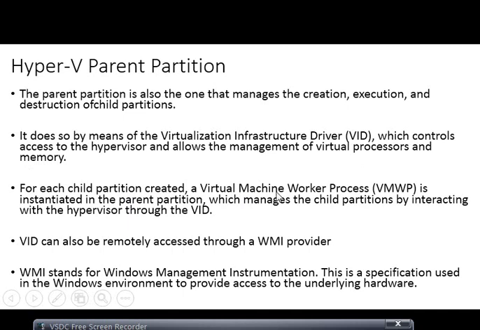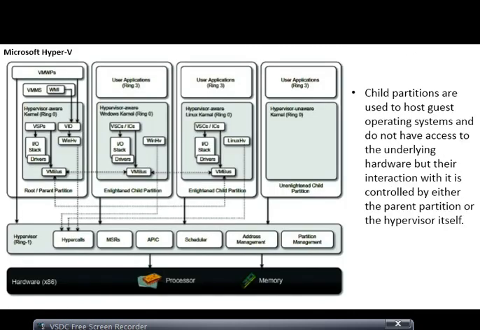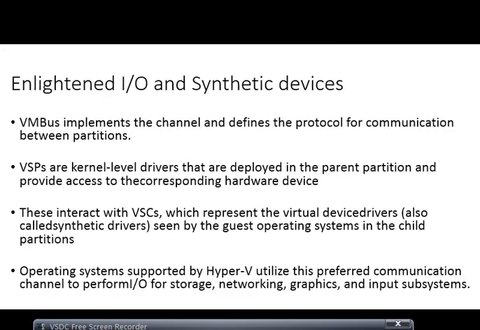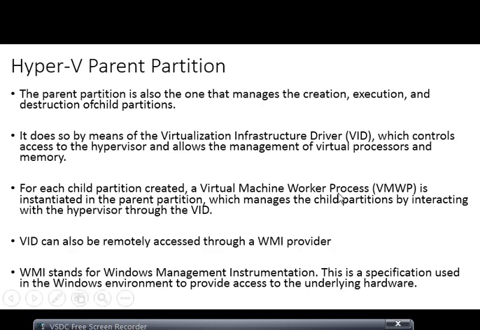For each child partition, a virtual machine worker process is instantiated in the parent partition, which manages the child partition by interacting with the hypervisor through the VID. In this case we have three child partitions, which means three child virtual machines. For each one of them there will be a virtual machine worker process.